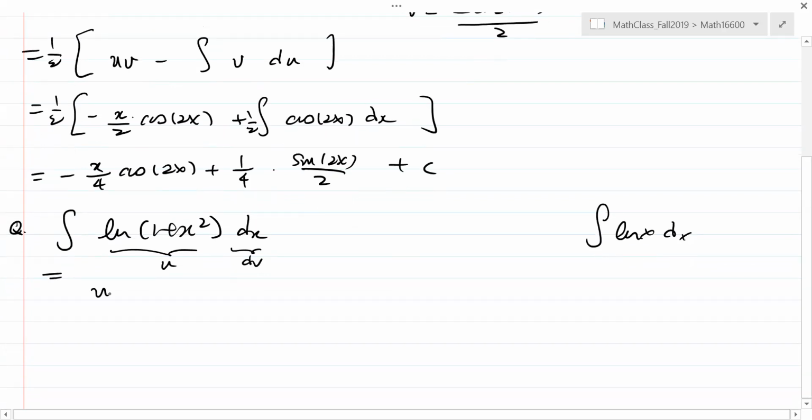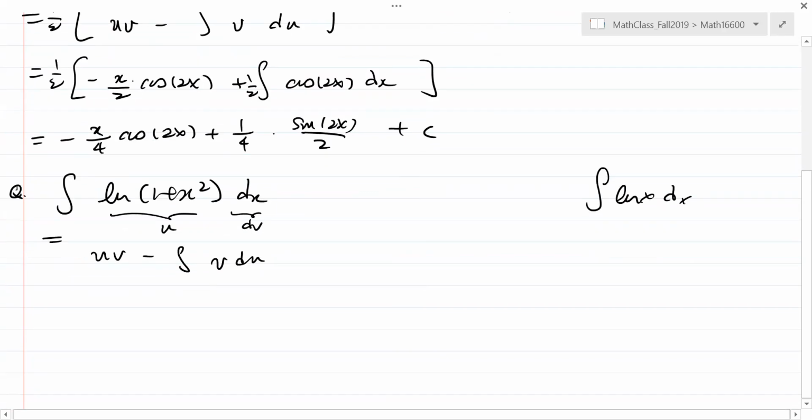So you get uv minus integral of v du. Okay. v is x. u is the natural log. Minus integral of x times the derivative of u with respect to x, which by the chain rule is 1 over 1 plus x squared times twice x dx.